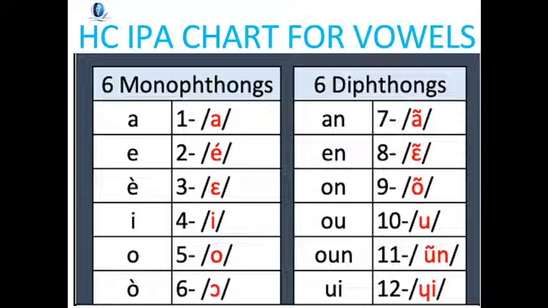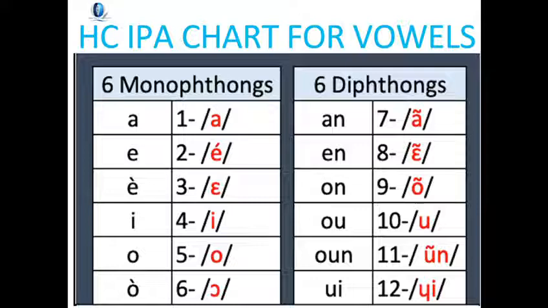All right, so the numbers, we've added them as part of our chart that we've created for the 32 sounds of Haitian Creole. So we're focusing on the 12 vowel sounds today. So number 1, A. Number 2, E. Number 3, E. Number 4, I. Number 5, O. Number 6, O. So for the diphthongs, number 7, on.